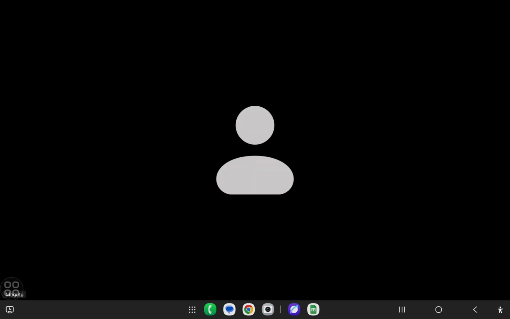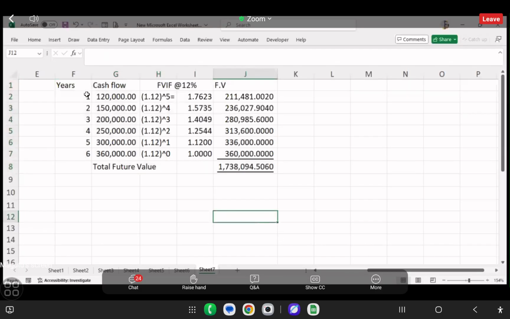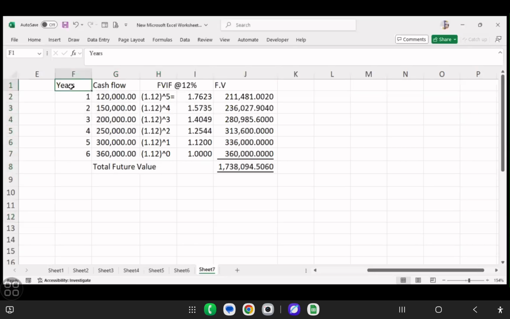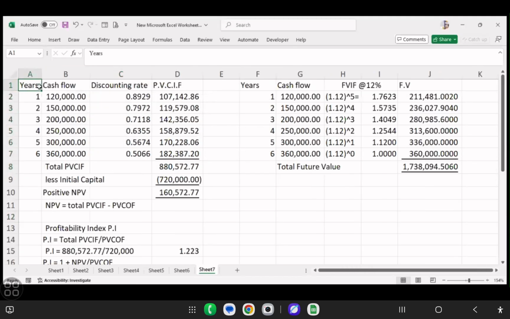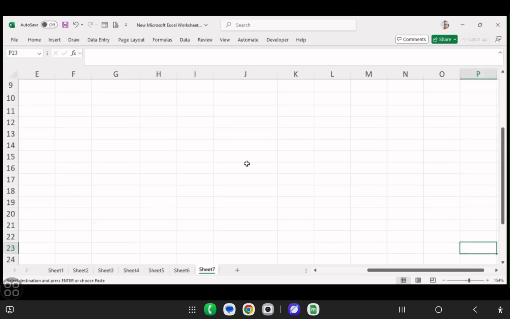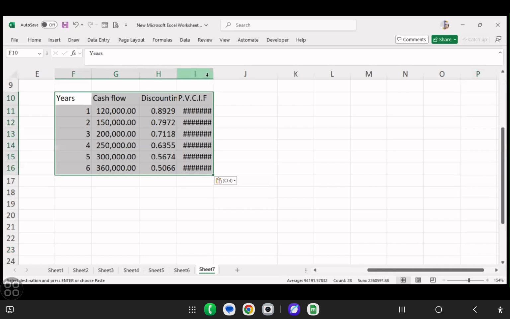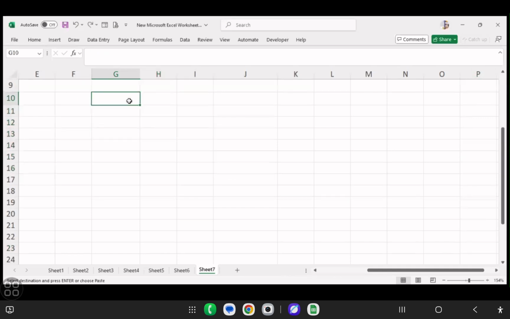I will use my original cash flows here, and this is how we determine the PBP.